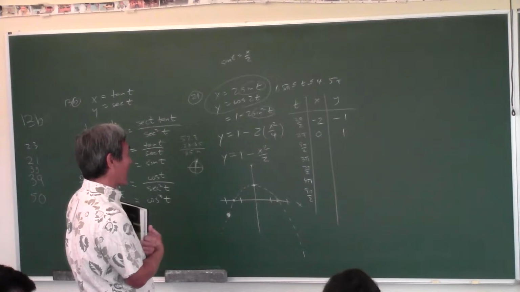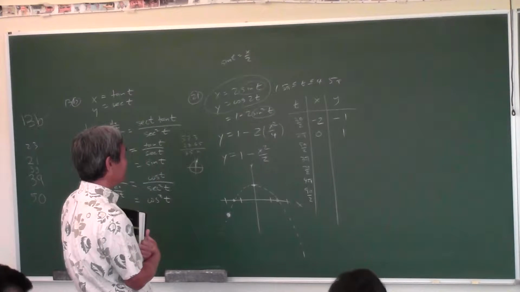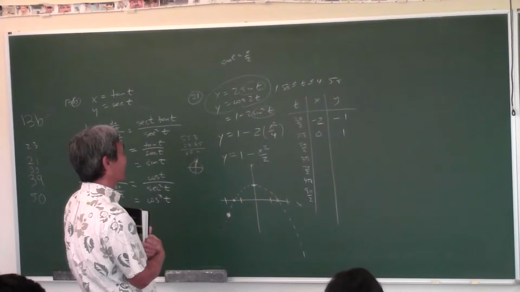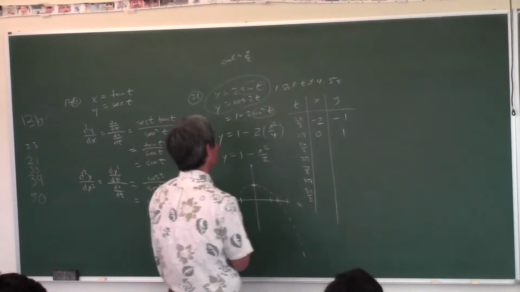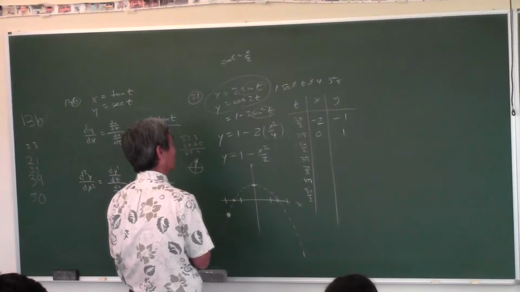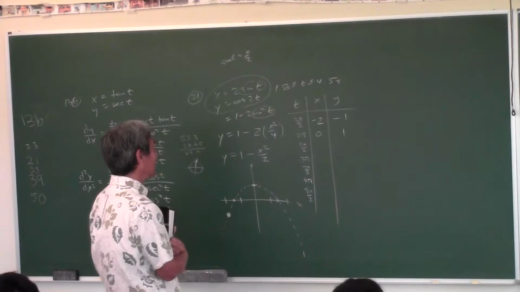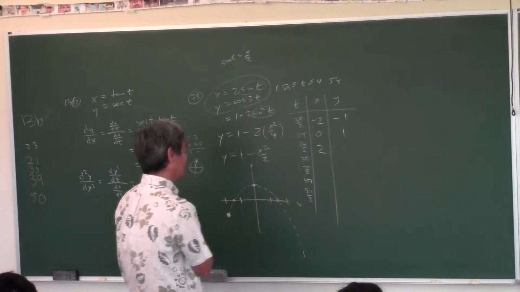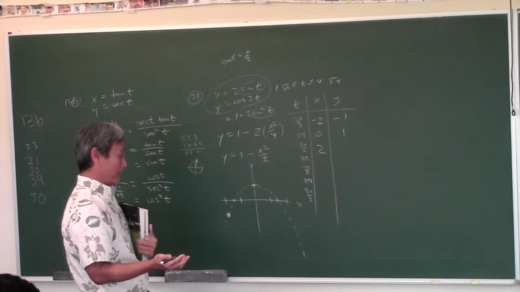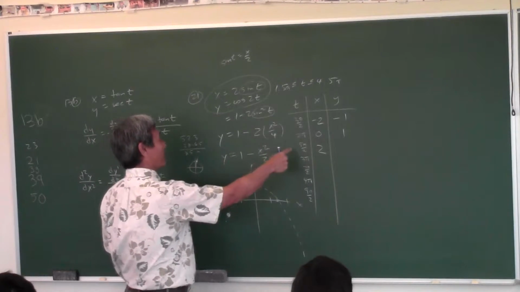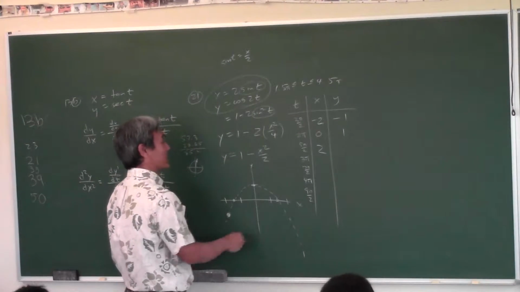5 pi over 2. That's 2. Okay, 2. I'll give you a hint: if you have a hard time plugging in 5 pi over 2, y is -1.